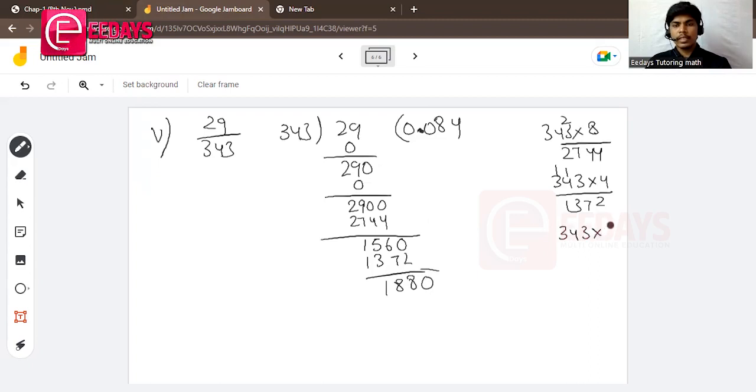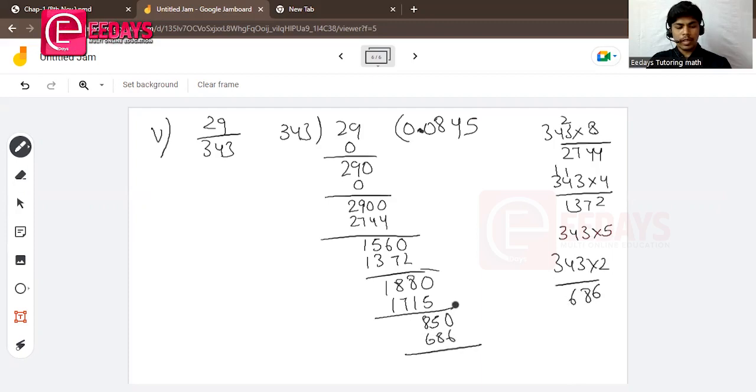Shall we try with 6? Okay, let's try with 343 into 5. 1715 with 5. So 1880 minus 1715, you'll get 165. Again, the point is there, so you put 0. 343 into 2, so you'll get 686. 1650 minus 686, so you'll get 964.